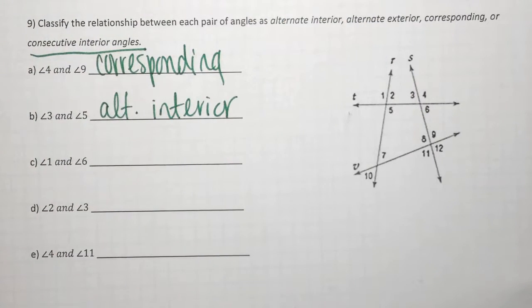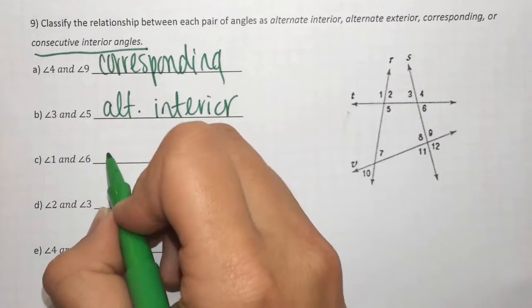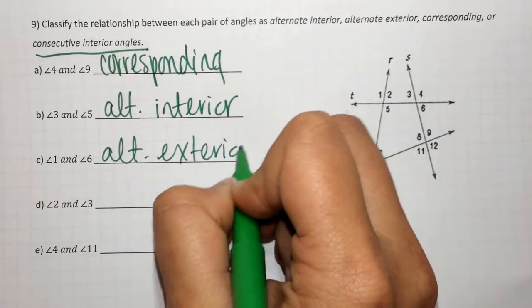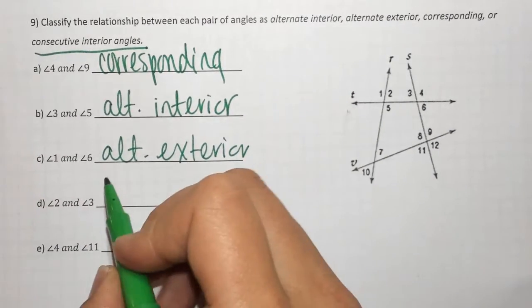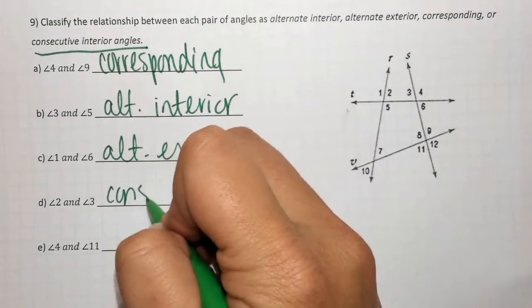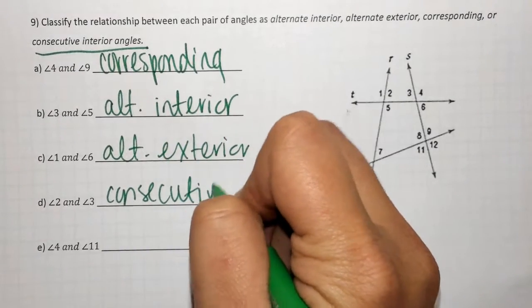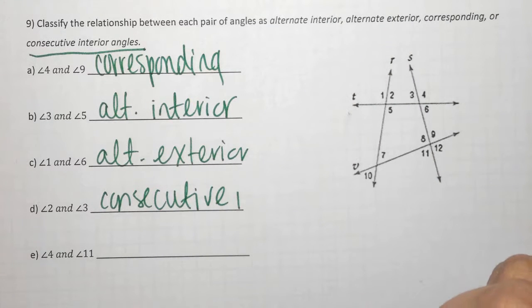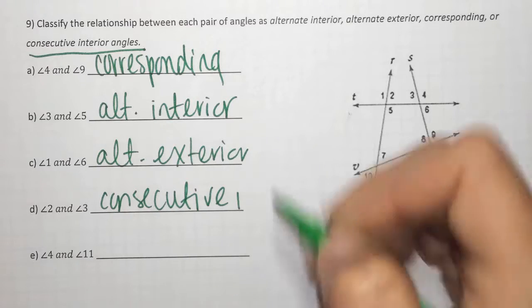Alright, what about 1 and 6? Alternate exterior. What about 2 and 3? Consecutive interior. No, they congruent, or what's the? Consecutive interior add up to 180. If I remember right.